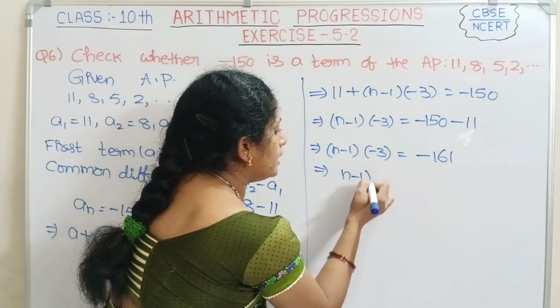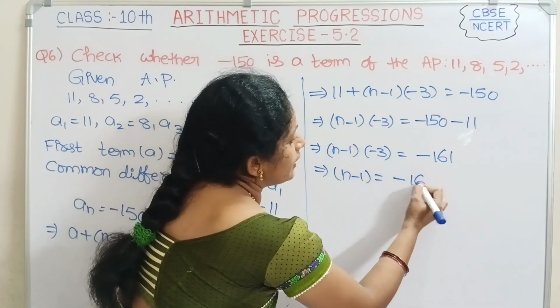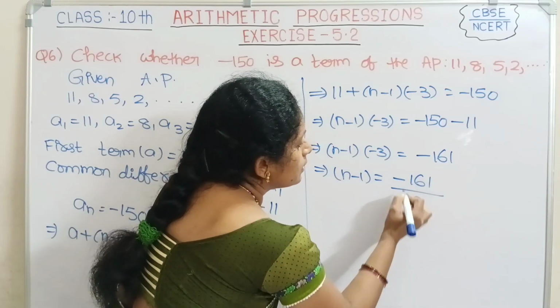From this we can write n minus 1 is equal to minus 161 divided by minus 3.